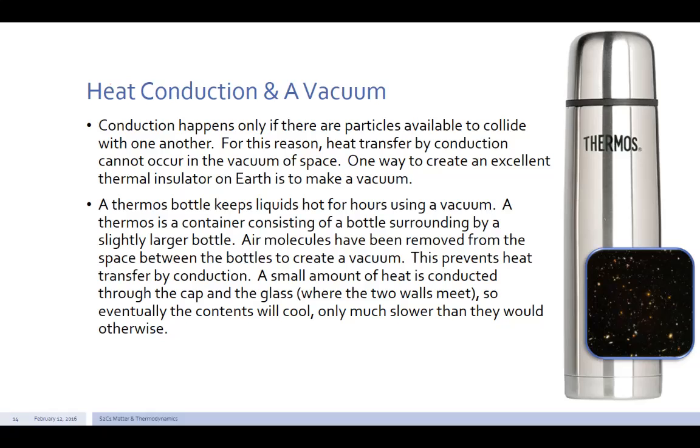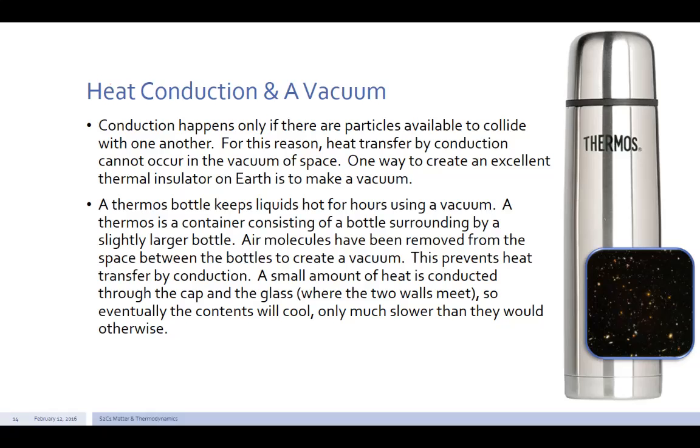We have used this understanding to actually make thermoses because it's a really good thermal insulator here on Earth. So a thermos, the actual thermos mug, has two layers, the inner layer and the outer layer. And in between them is a vacuum so that you don't see the transfer of heat through the thermos, only through the mouthpiece, where that inner layer connects with the outer layer.